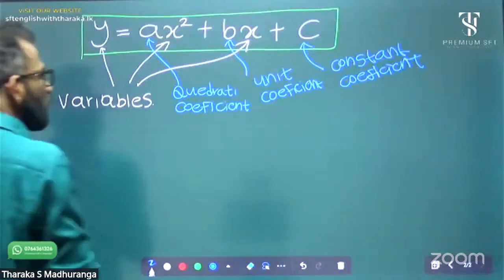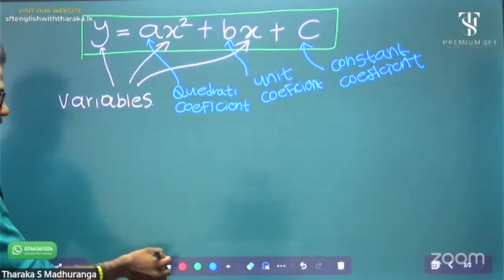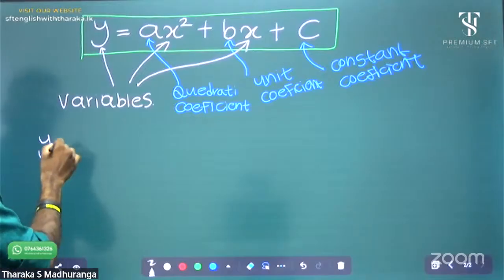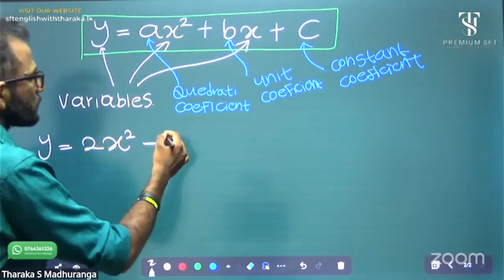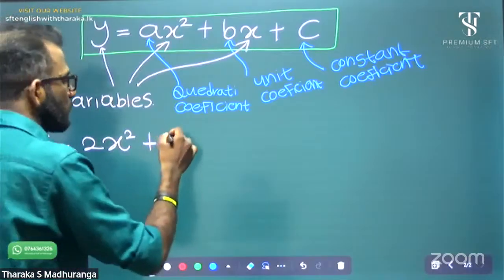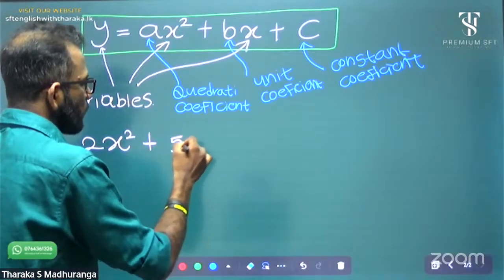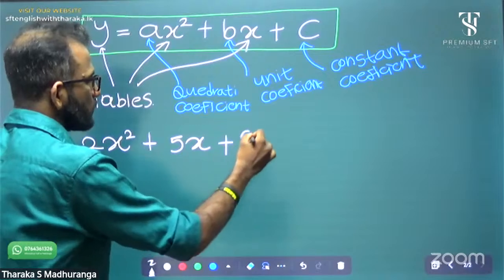Now, let's take an example. Y equal 2x squared plus 5x plus 9.